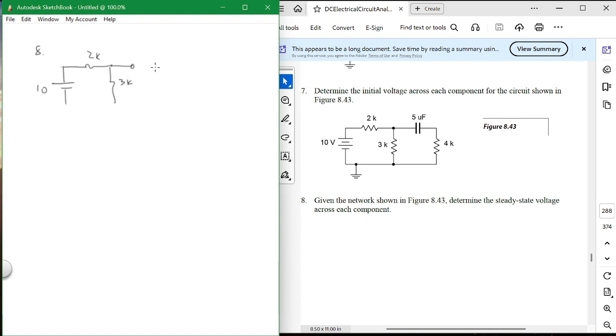And what is this up here? An open circuit. Is there any current that goes down that way? No. If there's no current that goes down that way, what is the voltage across the 4K? 0. So now we just have this little loop right here.